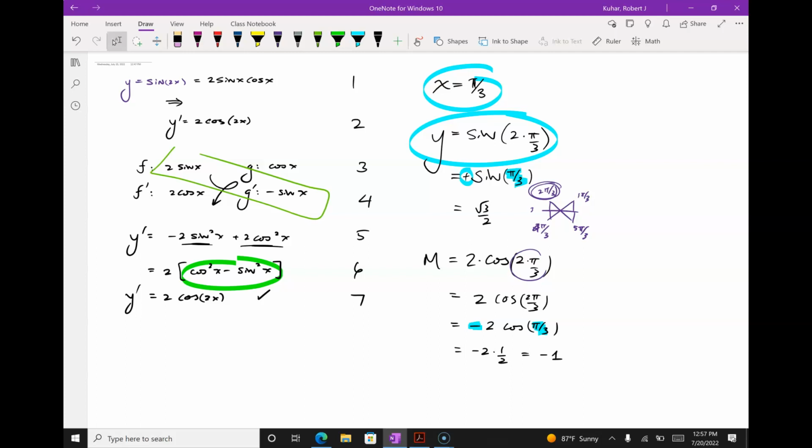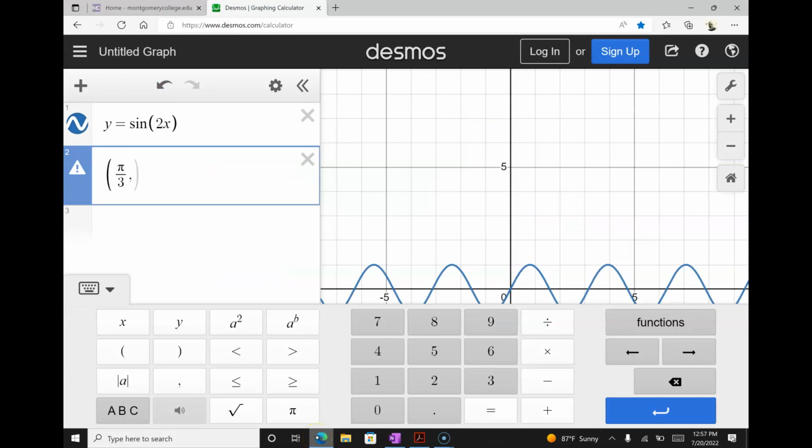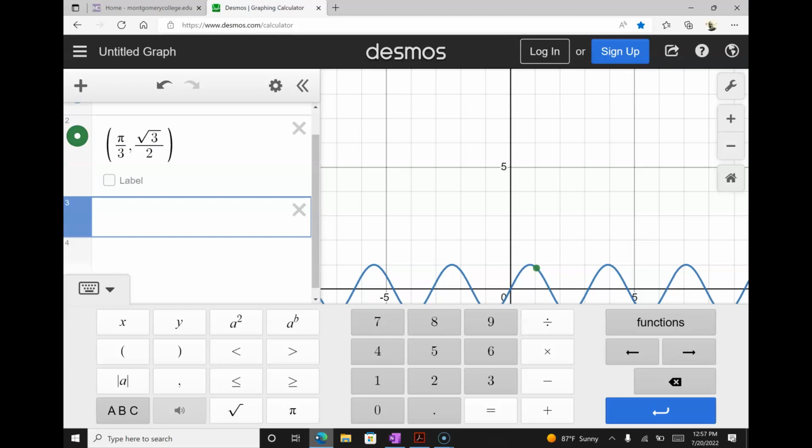I get square root of 3 over 2. Nice. I'm happy to see it hit the curve. I'm happy to see my slope was negative, because I can picture that tangent line on there. And I got y equals negative x.